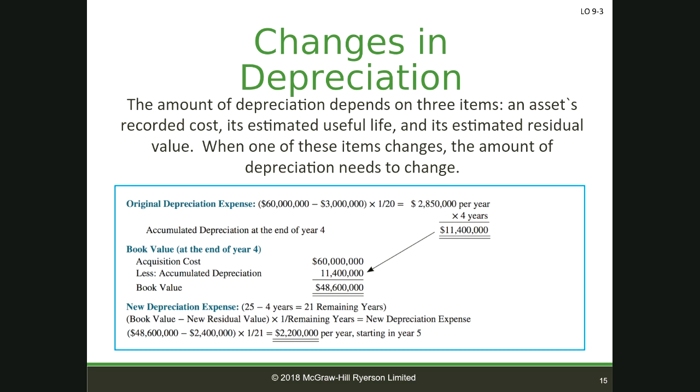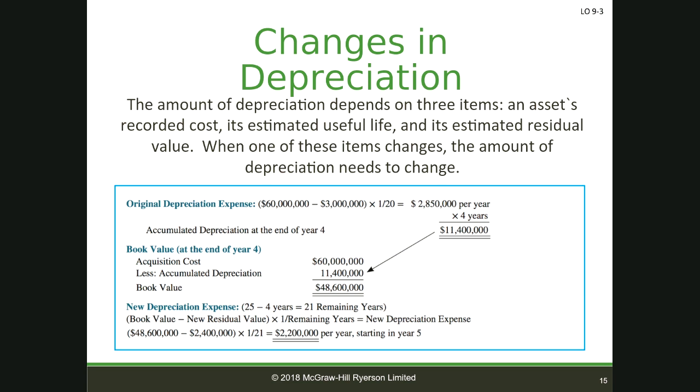So in this particular example, we're going to talk about what happens when we change the useful life of the asset. In the given information, the original depreciation expense, we're going to do a calculation here: $60 million will be the original cost of the asset, $3 million will be the residual value.